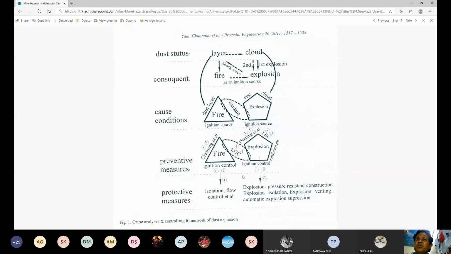These parameters are determined in the laboratory with the help of an apparatus which is called the Hartmann apparatus, so that these dust parameters can be studied, and accordingly your mine can be designed so that explosion is not going to take place in your mines.